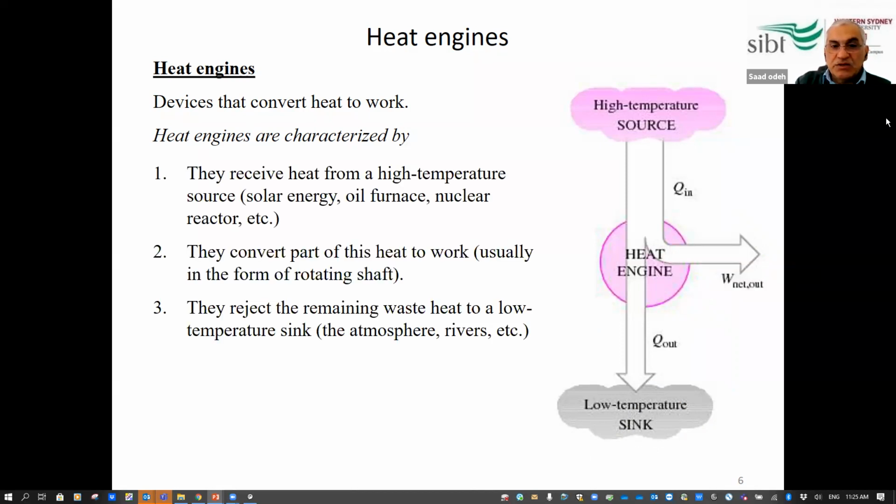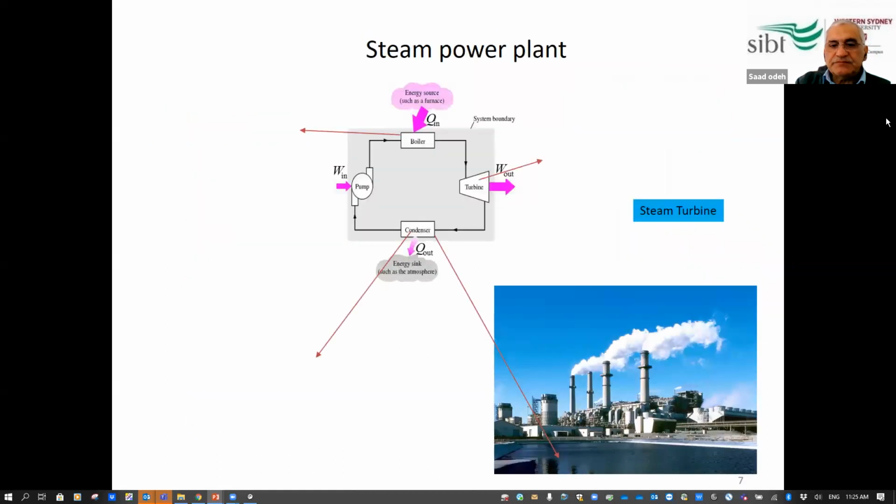And we mentioned all these things. Okay, so let's talk about a very big heat engine, a mega heat engine. Like we mentioned, the car engine is an example of a heat engine.